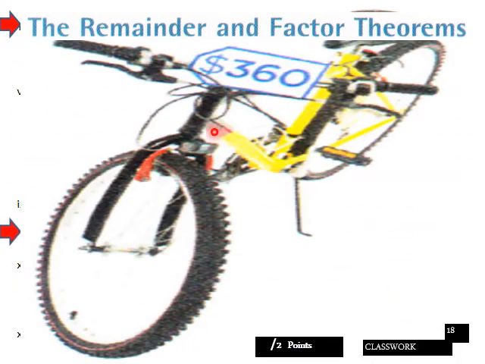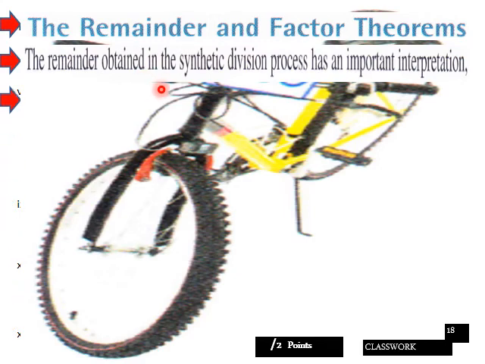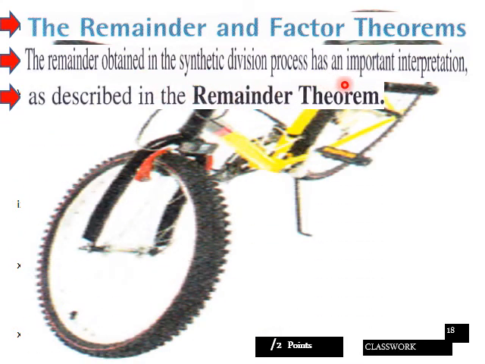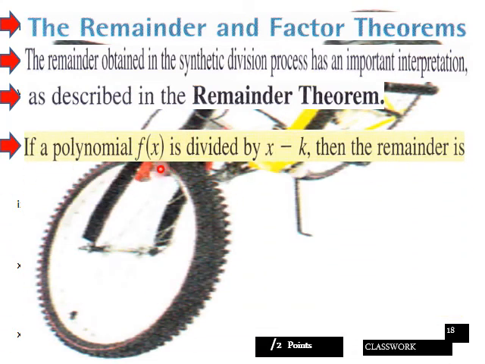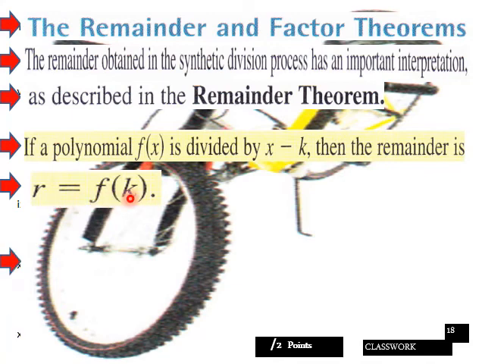So moving on to the remainder and factor theorems. The remainder obtained in synthetic division process has an important interpretation as described in the remainder theorem. If a polynomial f of x is divided by x minus k, then the remainder is r equals f of k.